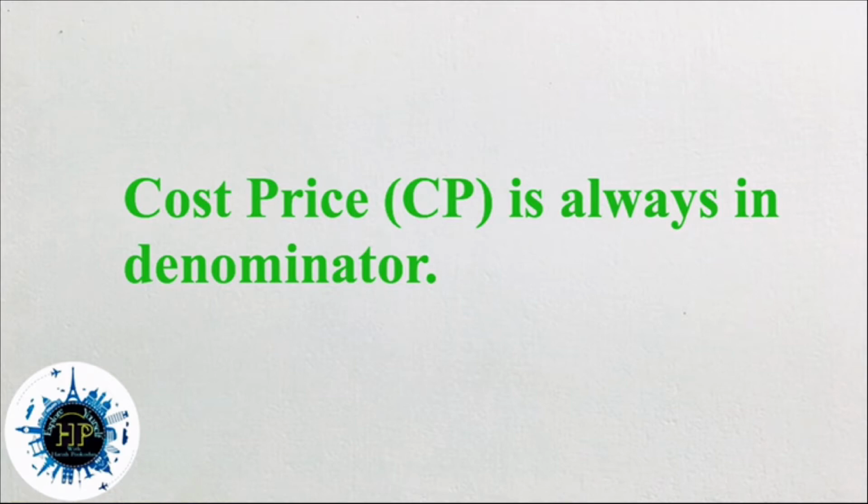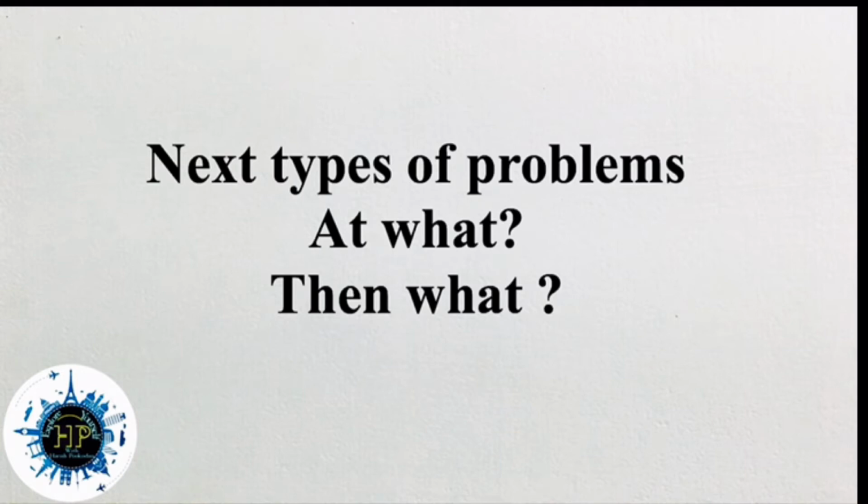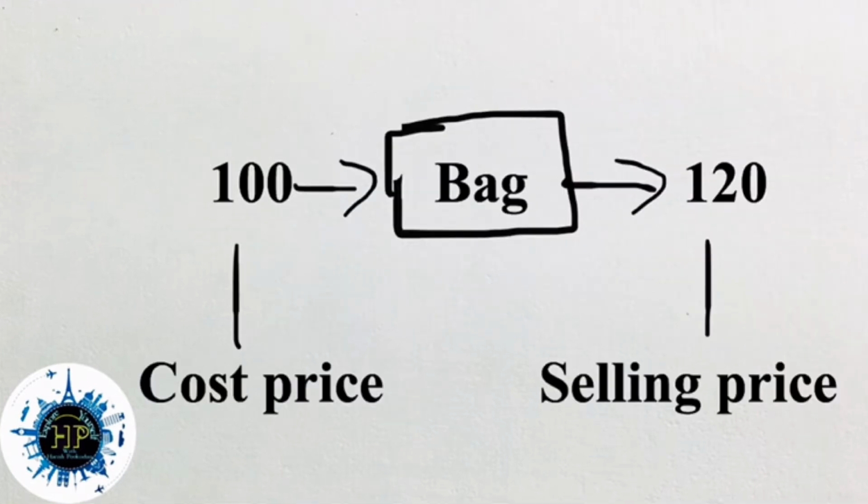The next type of problems they will ask like this: at what, then what, that type of questions. So let us see how the question comes. We can take the same bag as the example. You can see the same picture: the cost price of the bag is 100 and the selling price is 120.